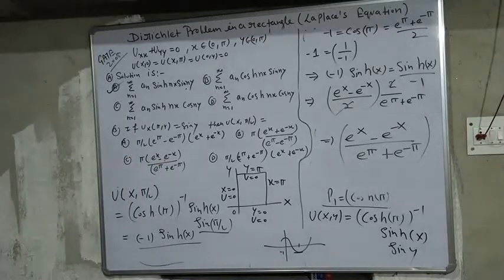But they have mentioned this is the final answer. There is something wrong, I don't know. Maybe there is something wrong we have done, but they have written pi. Why is there a pi?